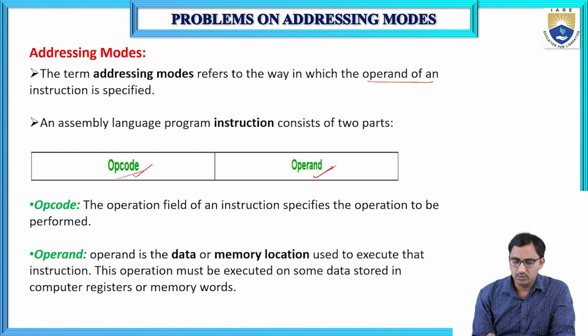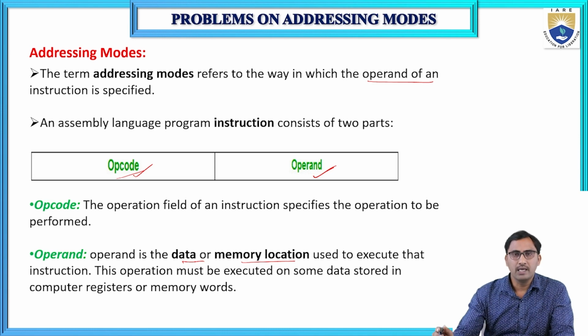And the operand is the data on which we are performing this operation. The operand is the data or the memory location used to execute the instruction. This operation must be executed on some data stored in computer registers or the memory.